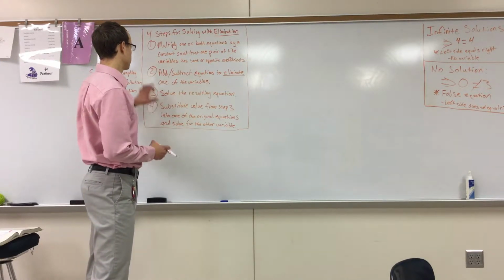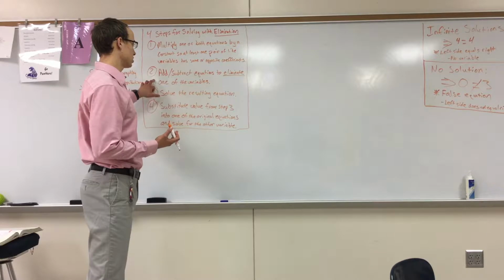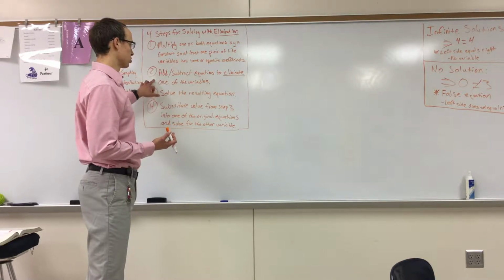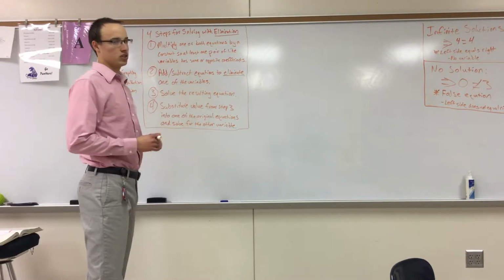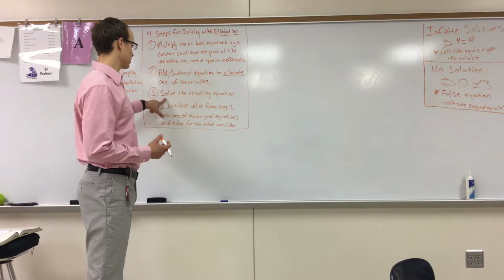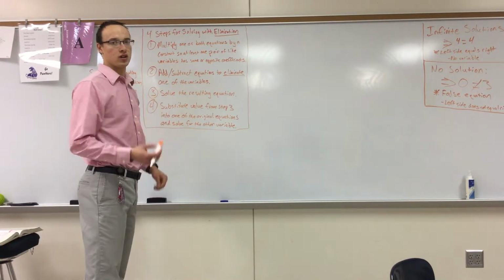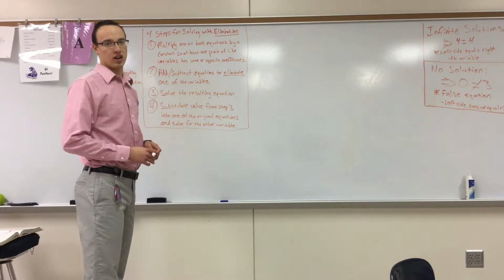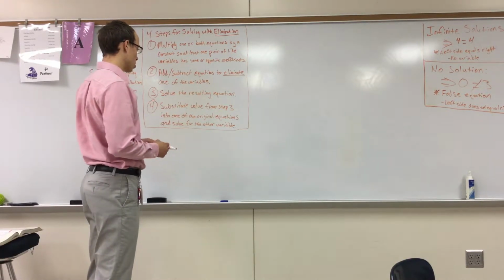Okay, second step is going to be add or subtract the equations to eliminate one of the variables. So we'll just perform simple addition and subtraction, see what we have left. And what we do have left is going to be in step 3. So then we solve what we have left for that variable that we chose to solve for.